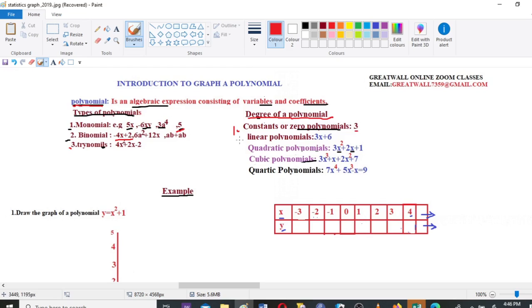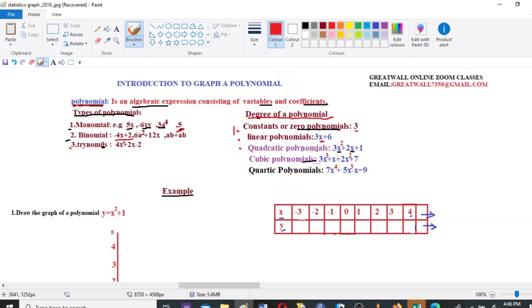Then we have linear polynomials. Linear polynomials contain variables where the highest power of the variable is 1. Then we go to quadratic polynomials, where the highest power of the variables is 2.